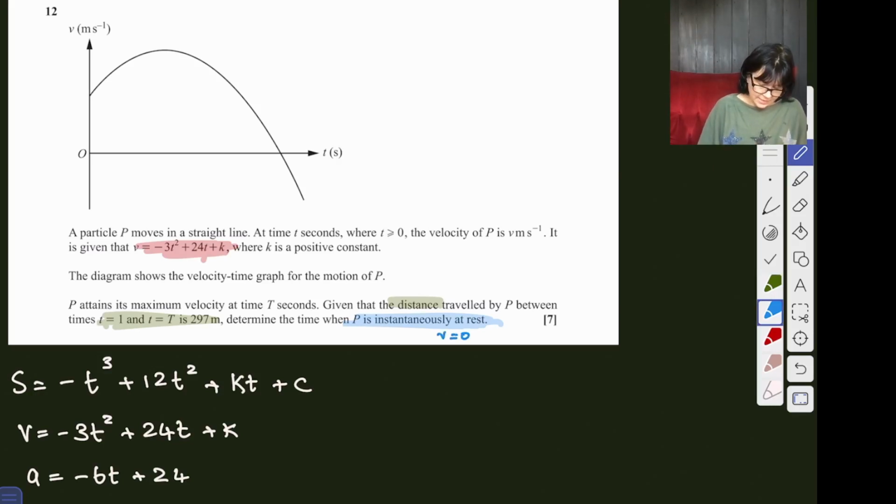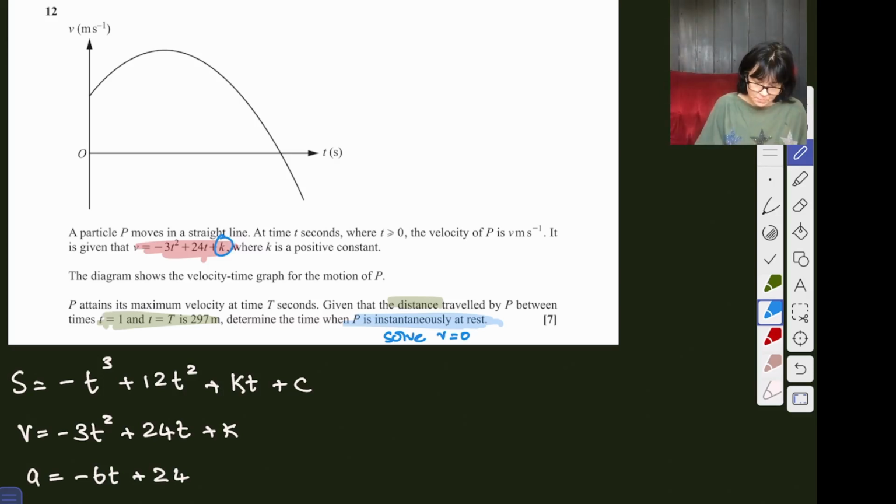Instantaneously at rest, v is 0. Determine the time when p is instantaneously at rest. Okay, so basically we need to solve v is 0. That's our ultimate aim. But v has got unknowns in it. V has got a k. We've already seen this once, we're going to see it many times.